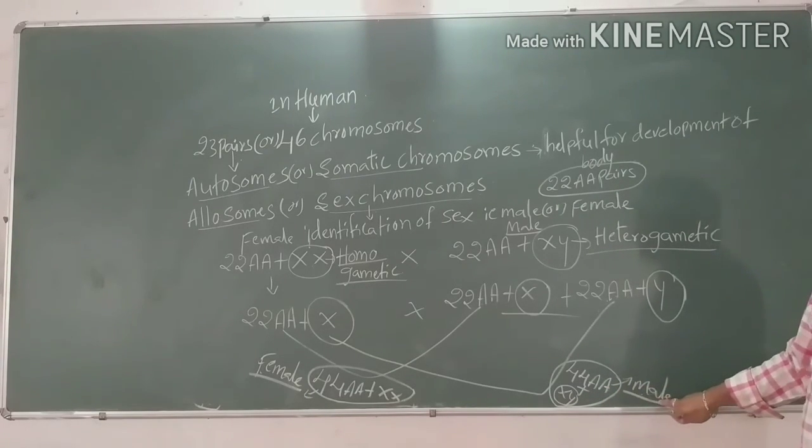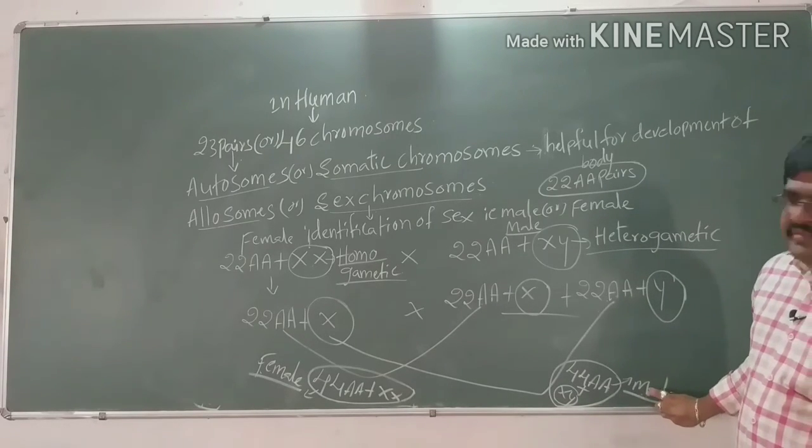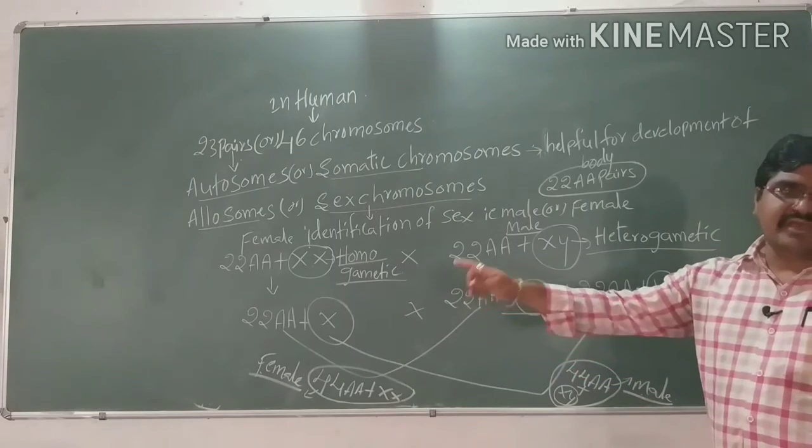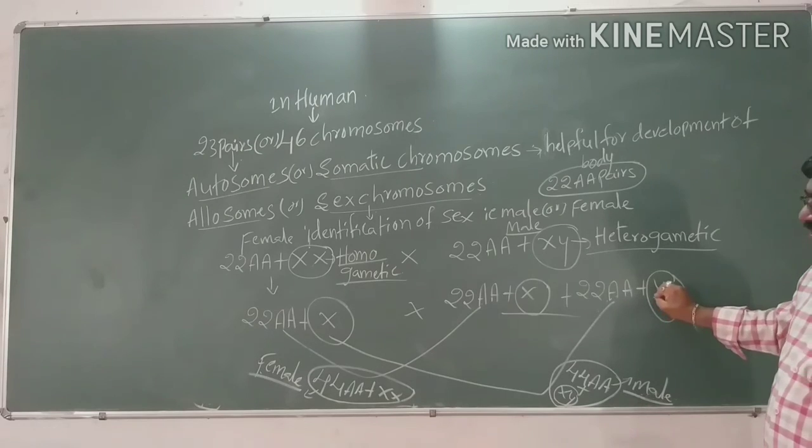If XY is produced, we call it a male organism, and if XX is produced, we call it a female organism.